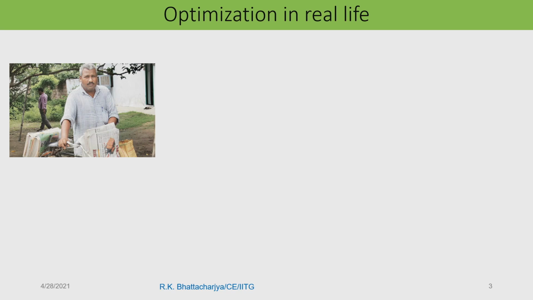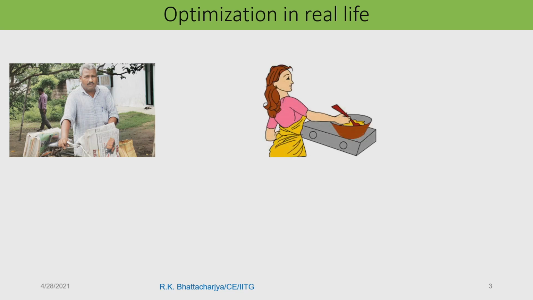One of them is this person, a newspaper hawker. What he is doing basically is distributing newspaper in a colony. Now, the question is whether he is using optimization. I will discuss that. Then the second example is a lady preparing some food, or some recipe.